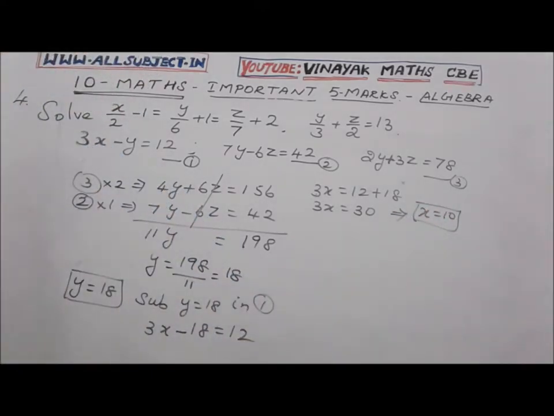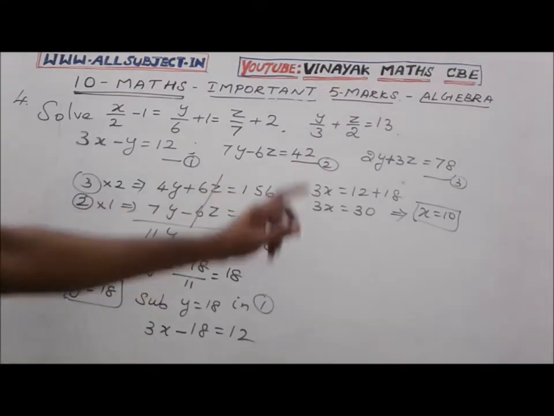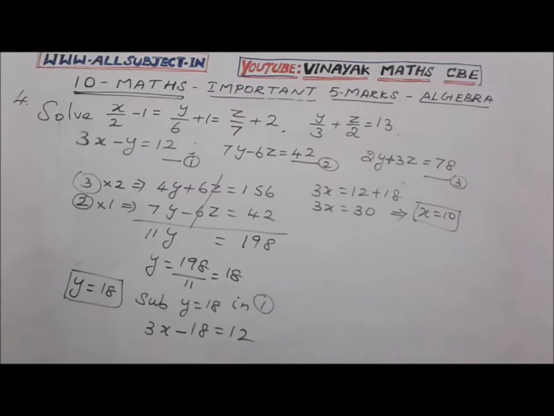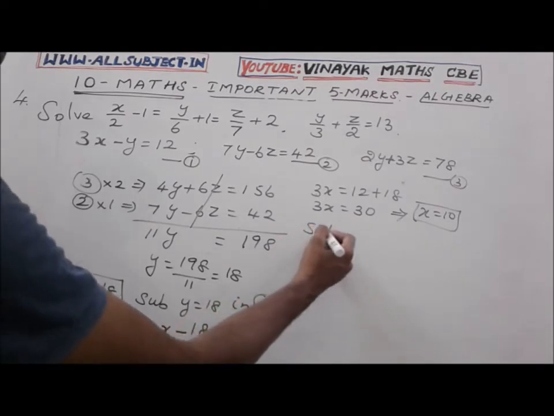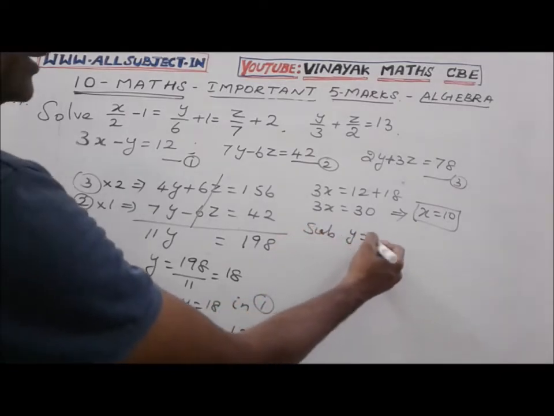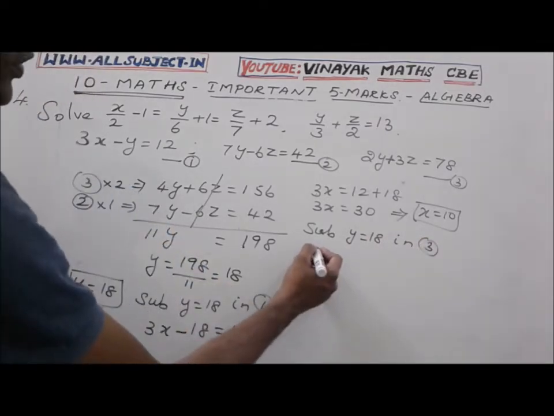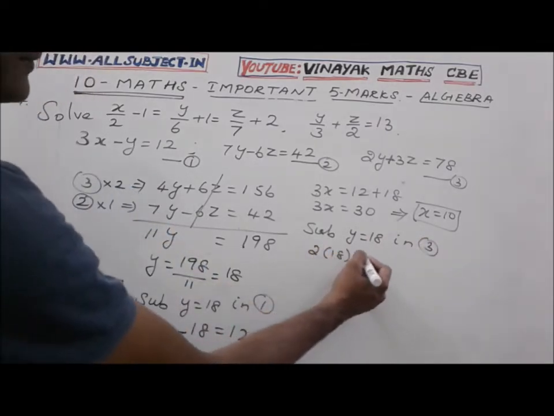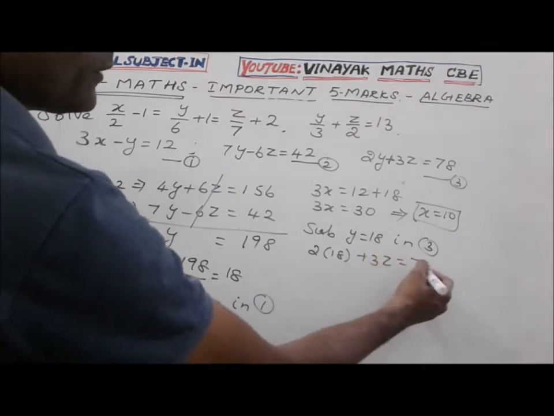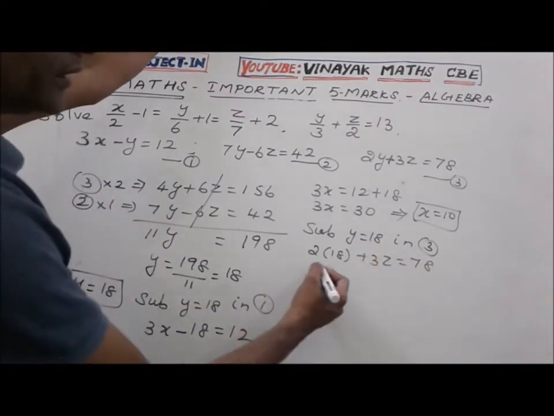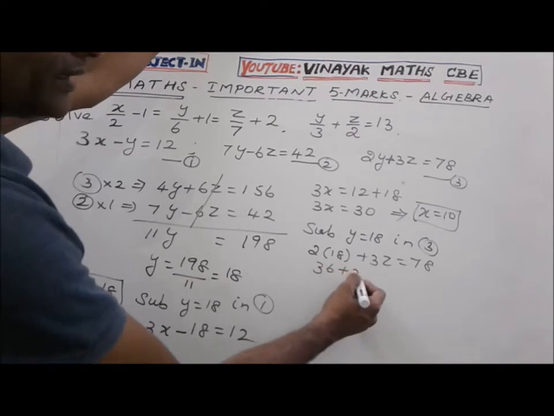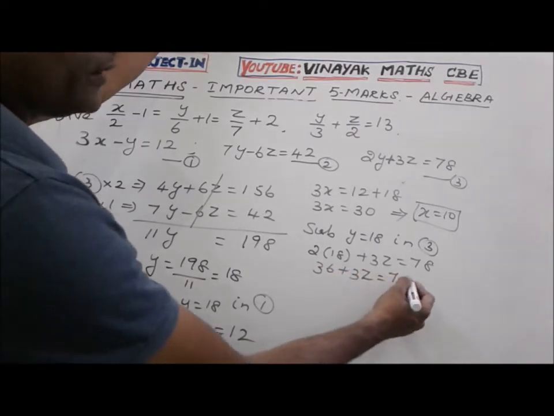And now substituting the value of y equal to 18 into equation 3, we can get the value of z. So substitute y equal to 18 in equation number 3. We have 2 into 18 plus 3z equal to 78. Here 36 plus 3z equal to 78.